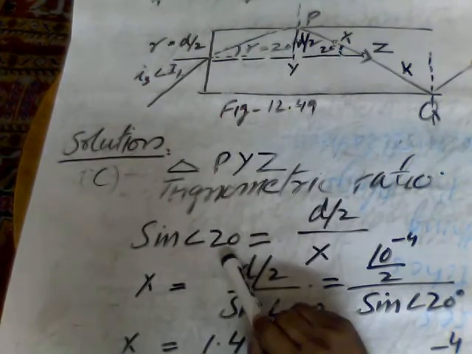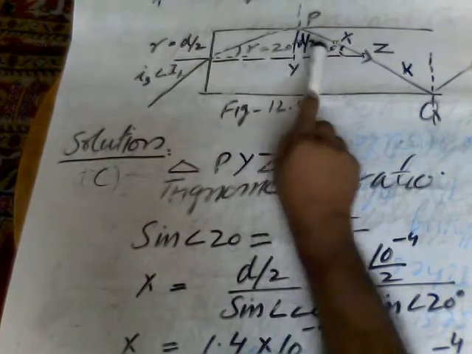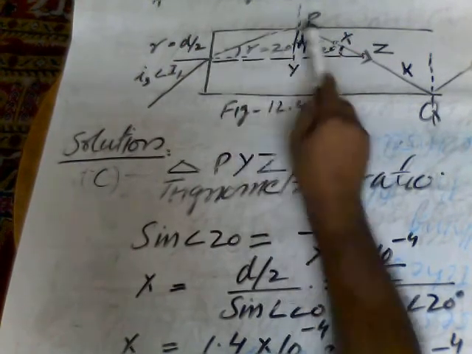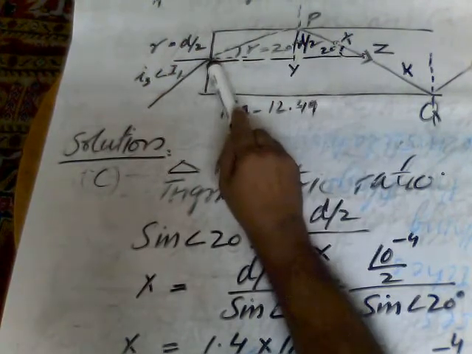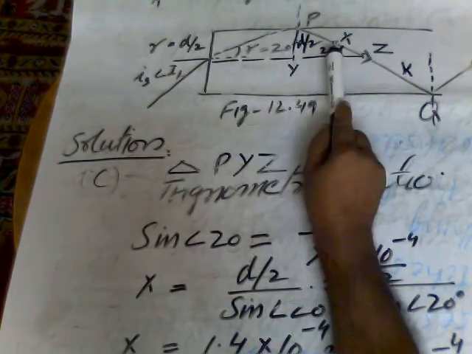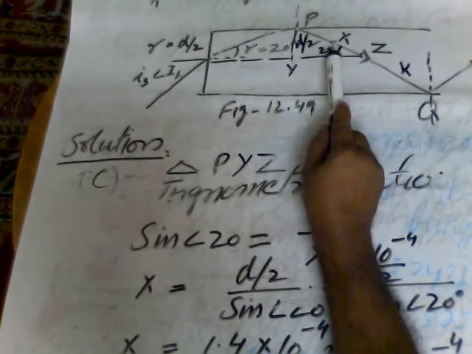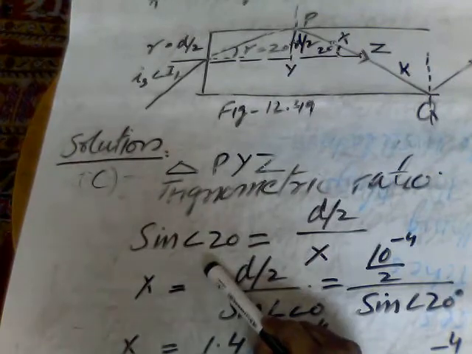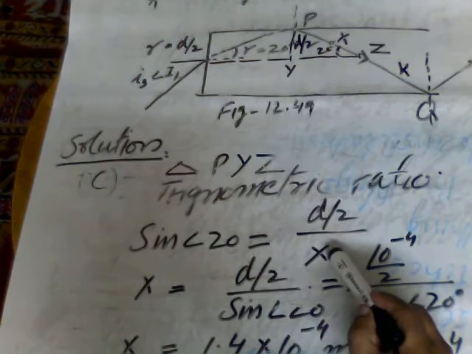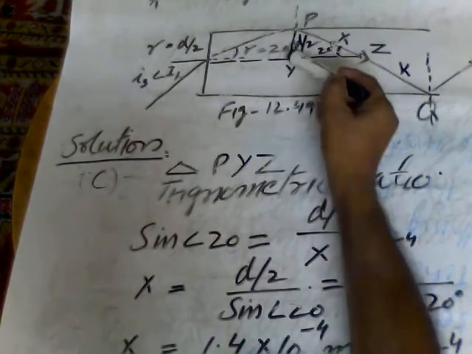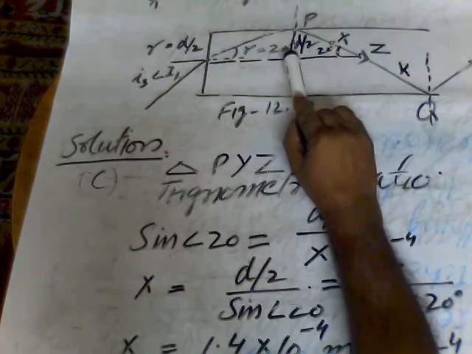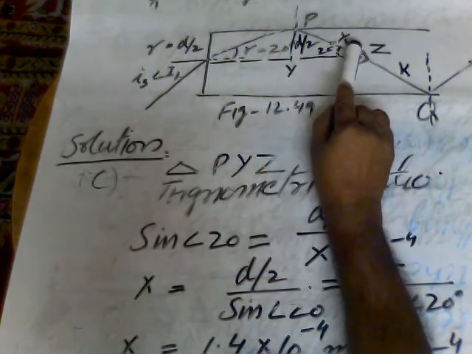Sine angle 20. This angle and this angle are both equal in this triangle. If this is 20, this will also be 20. So sine angle 20 is equal to perpendicular over hypotenuse.